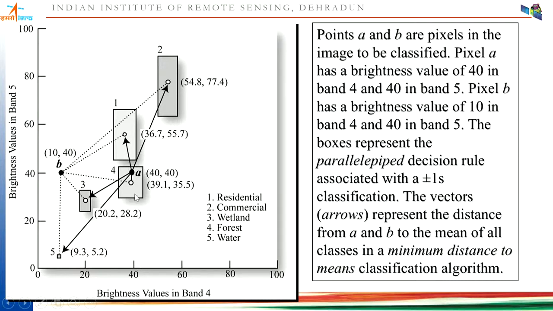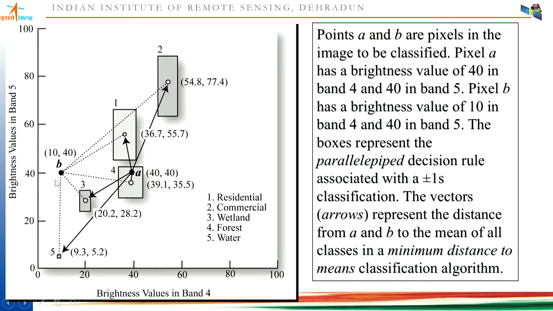So I have plotted 40. In band 5 it is just less than 40, around 37 or 38. So the mean is 40 and 38, and it has been plotted here. Along with this mean, I have also plotted the standard deviation, mean minus 1 standard deviation and mean plus 1 standard deviation, to make the boundary.